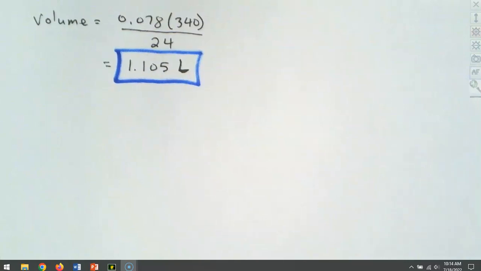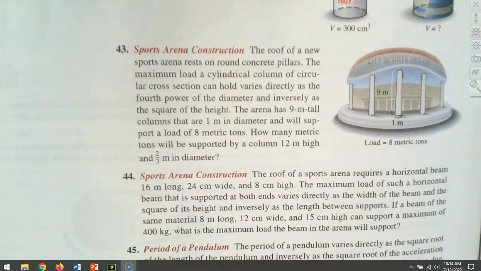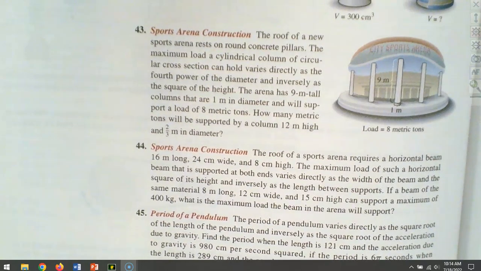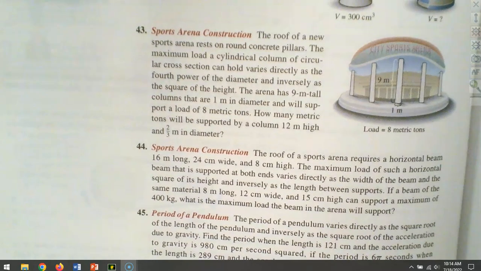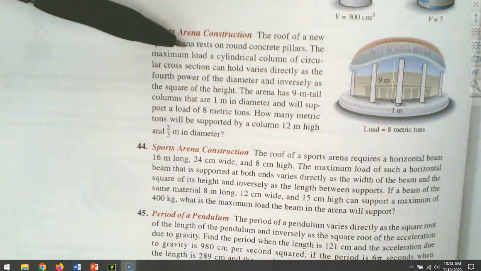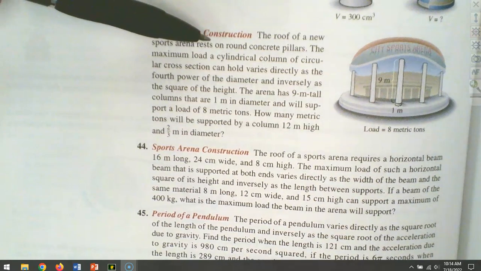Okay, let's look at another one here. How about 43? So the roof of a new sports arena rests on some concrete pillars.